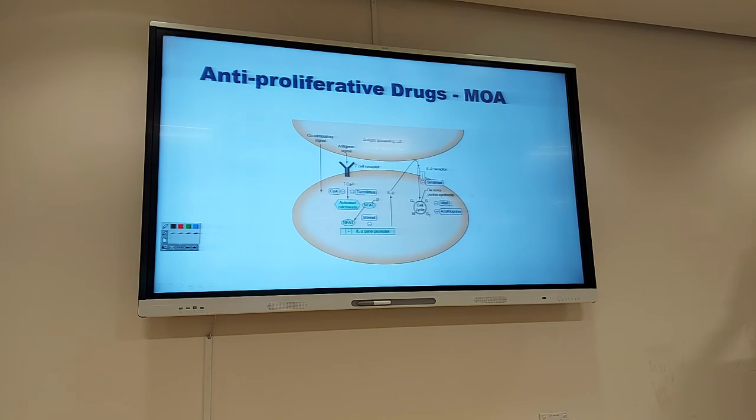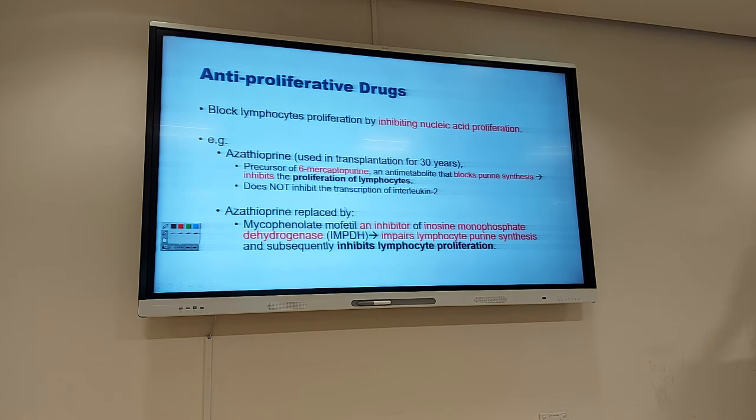So I'll explain this here. The drug works in this pathway. We have cell division that occurs inside the cell. So MMF and azathioprine, purine inhibitors, inhibit the enzyme for guanine.